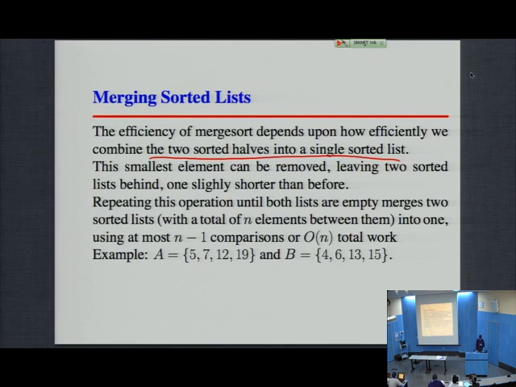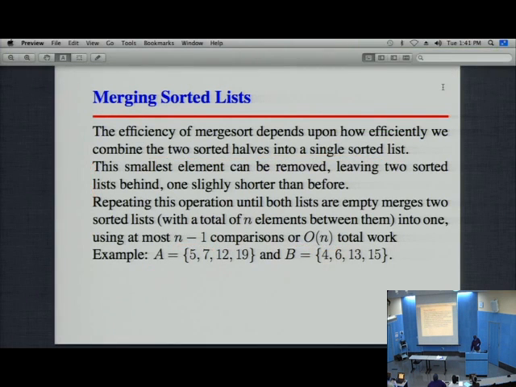By constantly pulling off the smallest element, if each list is sorted, I've got two heads at all times: pull the smallest off, compare the remaining two heads, pull the smallest off, compare the remaining two heads, pull the smallest off. In a total of n minus 1 comparisons, or n total work, I can merge two sorted lists, which have a total of n elements. Any questions about that?